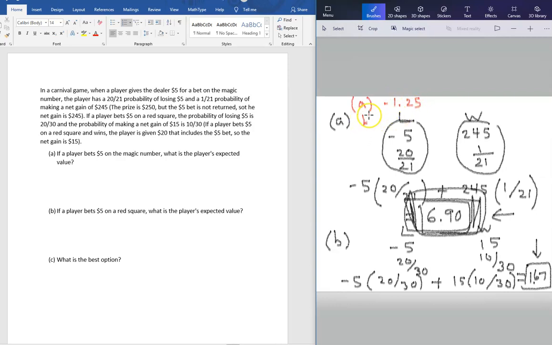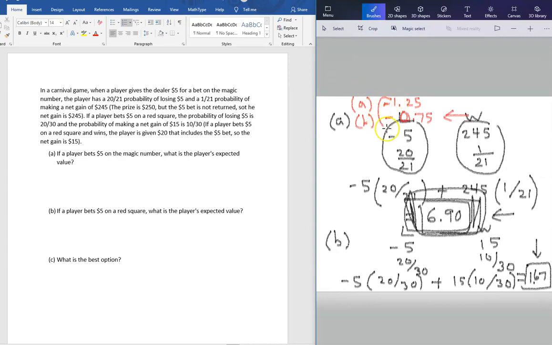And option B had an expected value of negative 0.75. Well, ultimately, B is better because since it's got negatives, that means you would lose the least amount of money. But here's the deal. If you look at the choices, it might say that playing the magic number is better, playing the red square is better, or not playing at all is better.